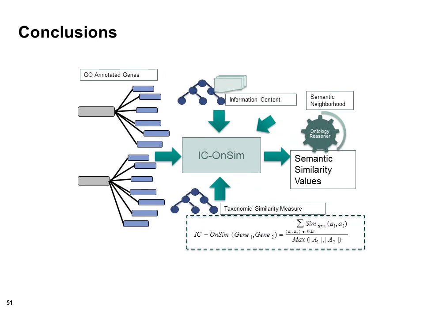To conclude, we have presented a new semantic similarity measure that is able to combine the taxonomic information encoded in the ontology, the semantics of the neighborhood, and the information content to produce a value of similarity of GO annotated genes.